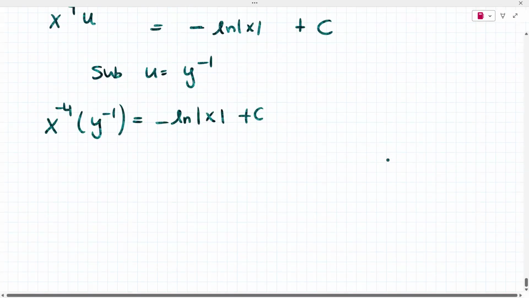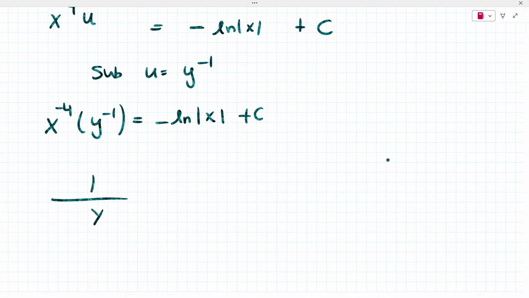And then you can simplify this. y to the negative 1 is 1 over y, and x to the negative 4 is 1 over x to the 4th, equals minus ln of x, and since the absolute value of x is positive, I'm just going to leave it as parentheses, plus c.